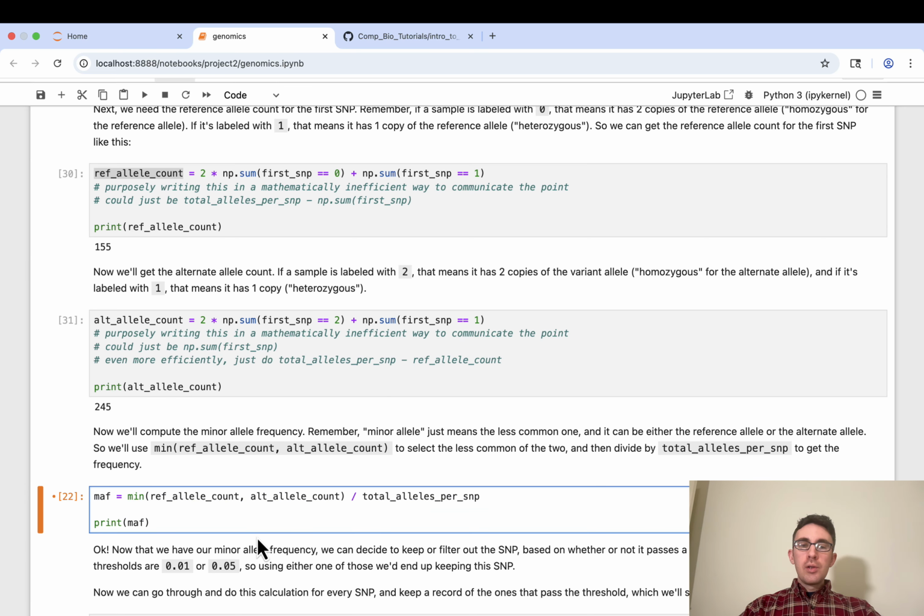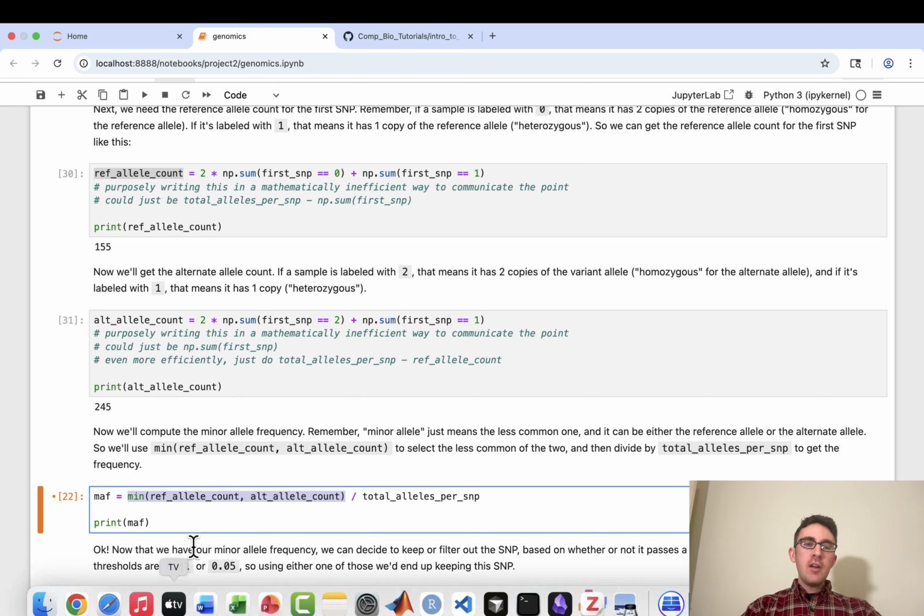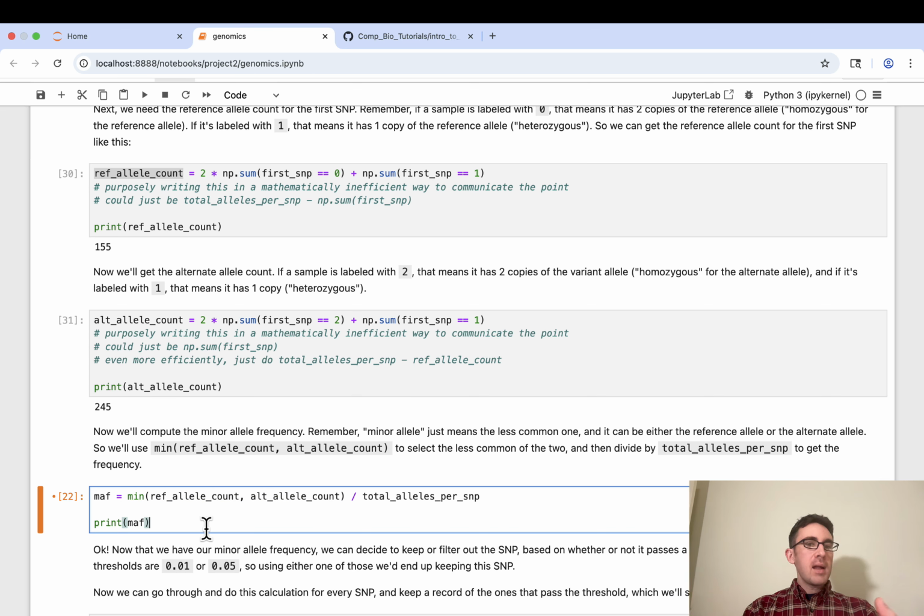So the minor allele count is going to be whichever one of the counts is less. We know that's going to be the 155, but just to do it programmatically, we'll take the minimum of the reference allele count and the alternate allele count. That will give us our minor allele count.